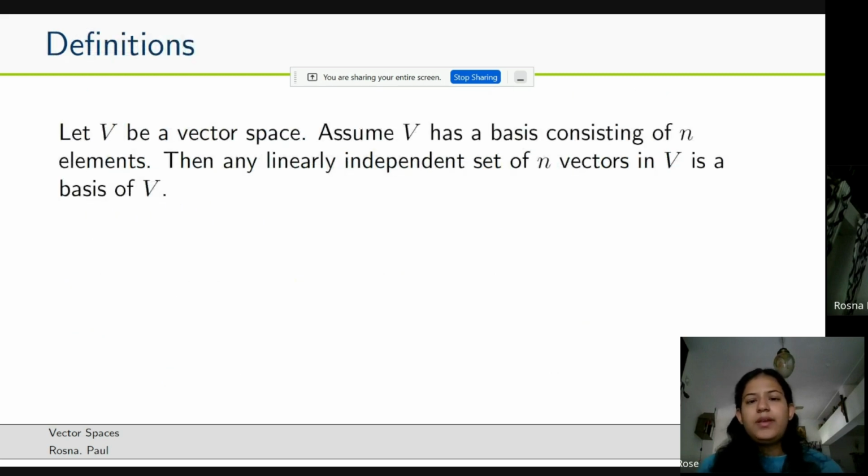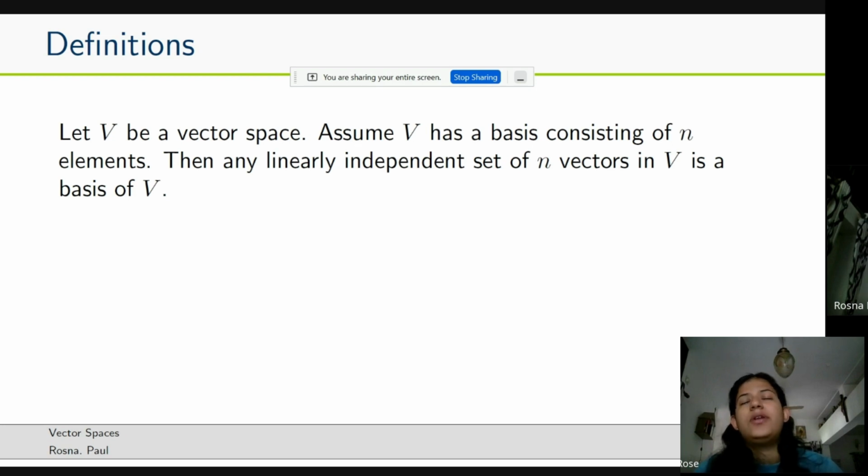Now we are giving some definitions again, which I already mentioned before, but let's go through them in a more formal way. Let V be a vector space and assume that V has a basis consisting of n elements.